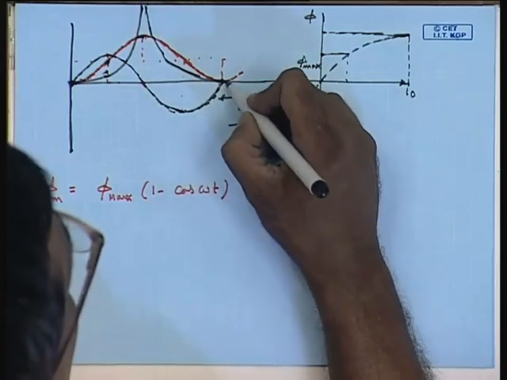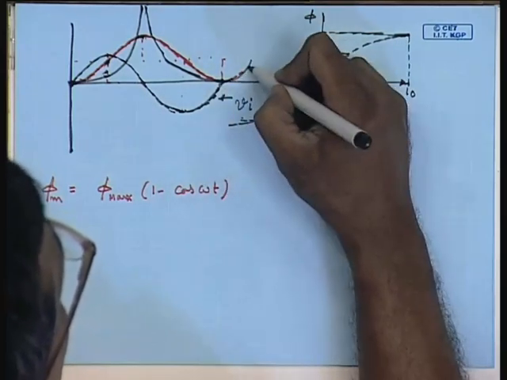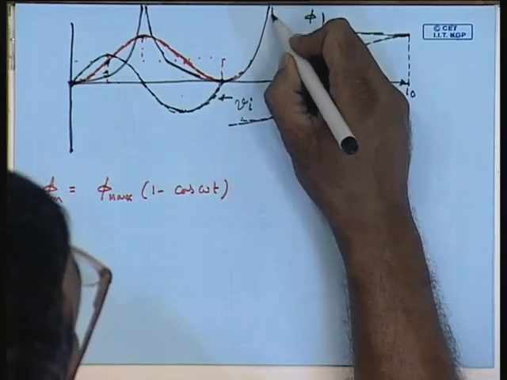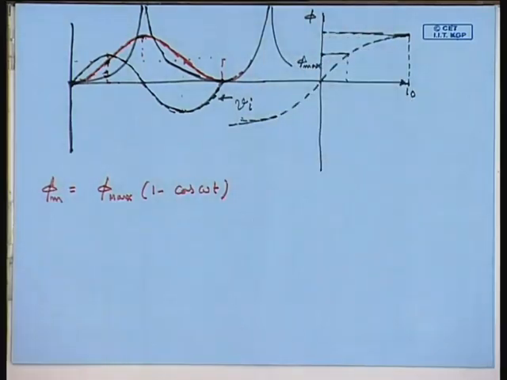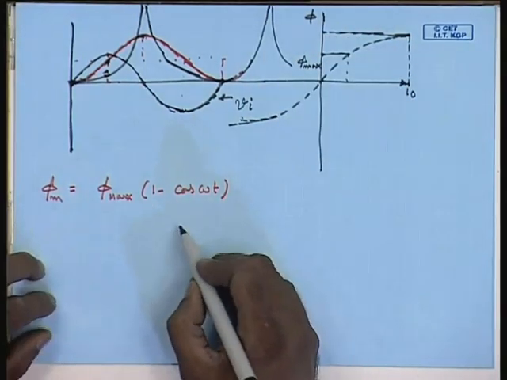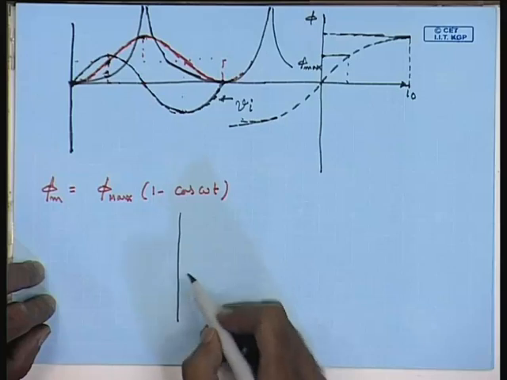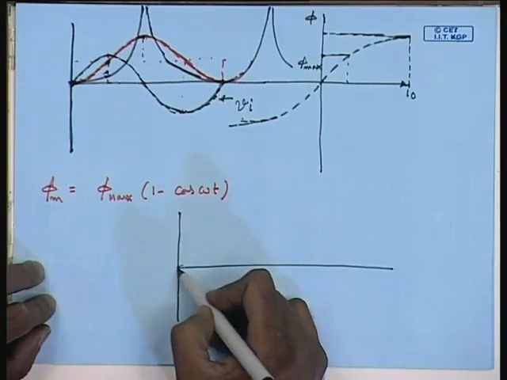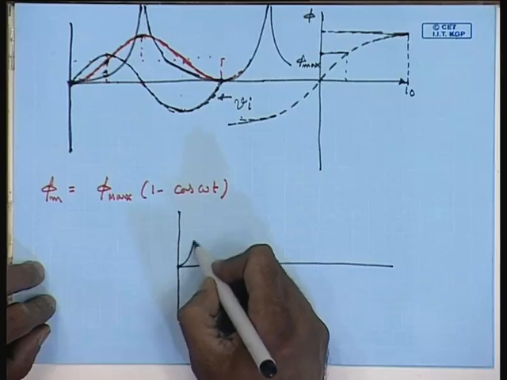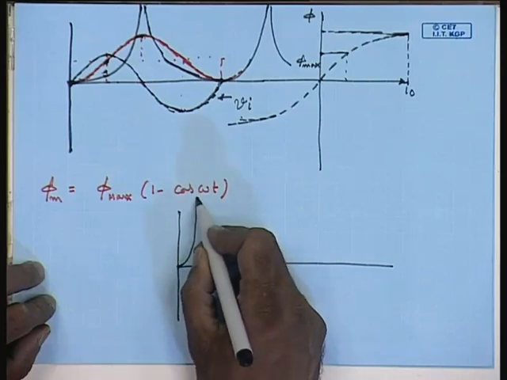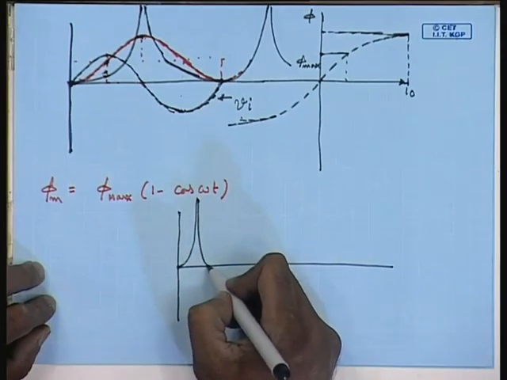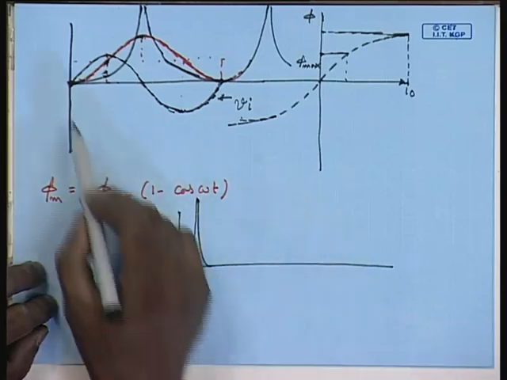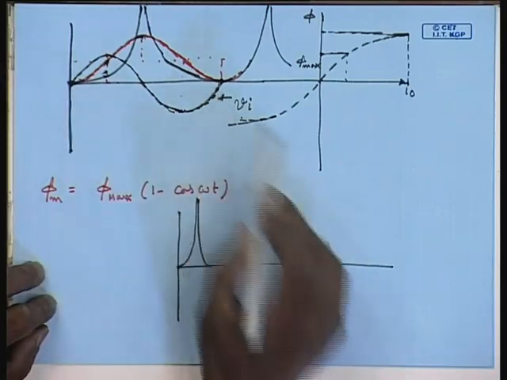And this waveform repeats. So, if we look at a large time scale, we will find right after switching the current rises to a very high value and is almost entirely positive.